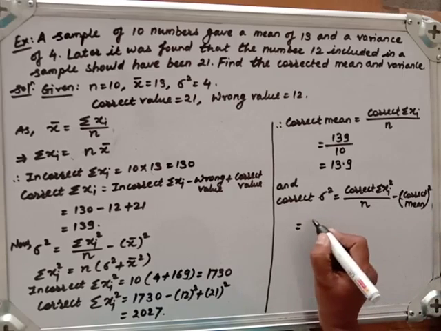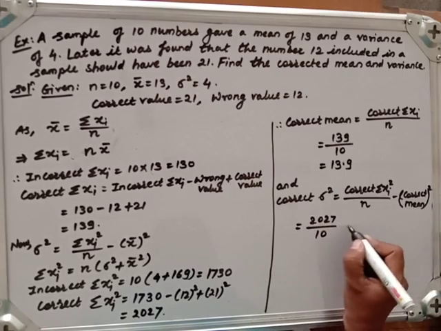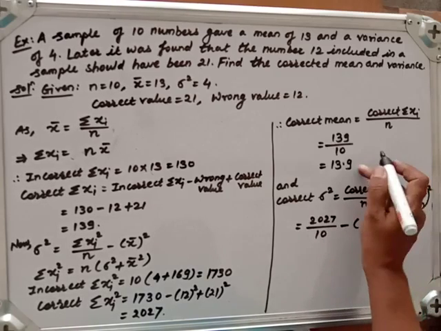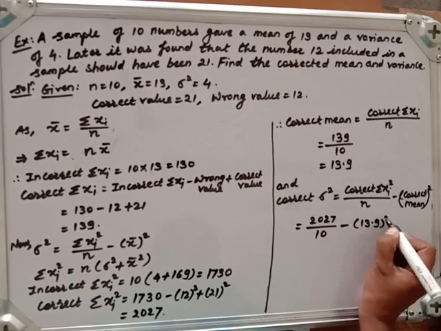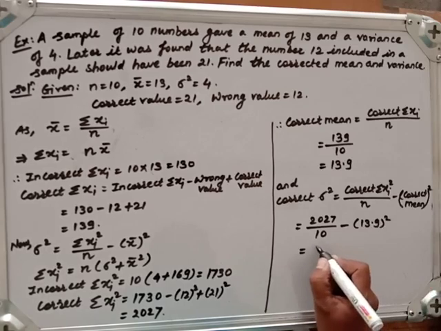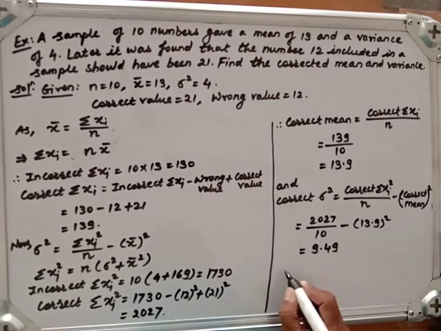So it will be 2027 upon 10 minus 13.9 square. On simplification we get 9.49.